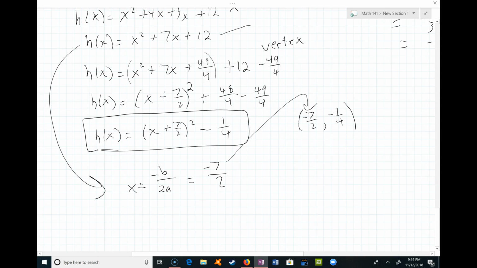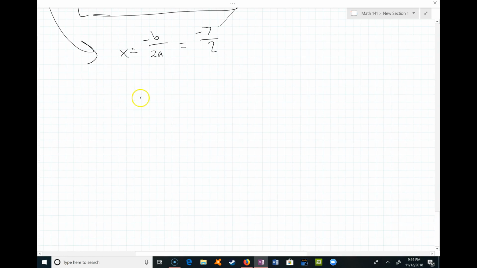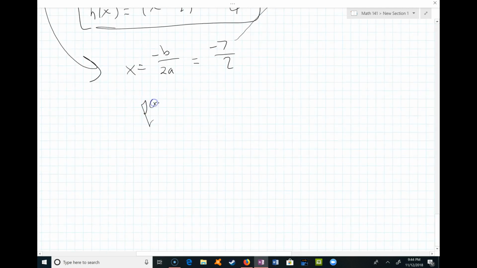by completing the square. Let me run through another one of those because I think that's going to be the harder thing, of course. Let's say g of x is equal to x squared plus 4x minus 4.